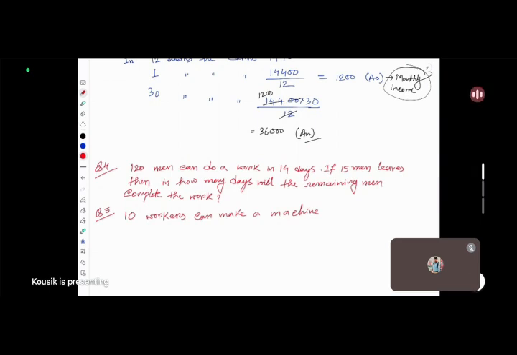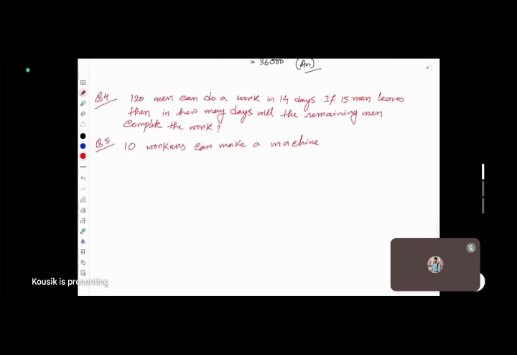Ten workers can make a machine in 15 days. Five more workers join after 3 days.